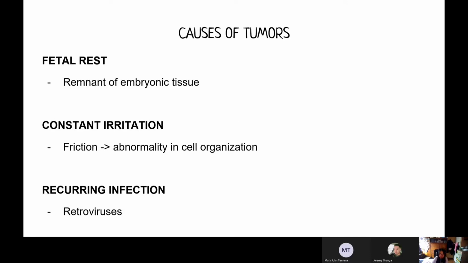Next we have recurring infection. As we all know, viruses in general can alter the genes and chromosomes of infected animals, which will result in atypical mitotic figures. Retroviruses can induce tumor formation such as lymphoid leukosis and tumor lesions.